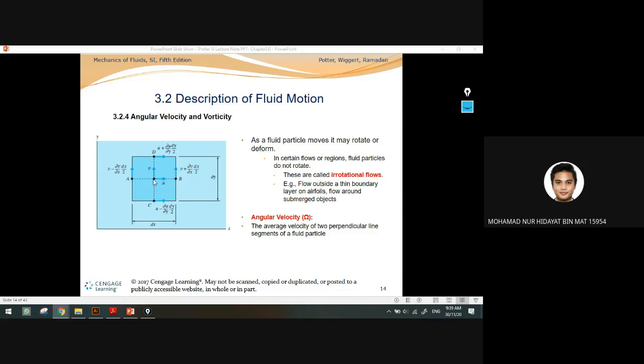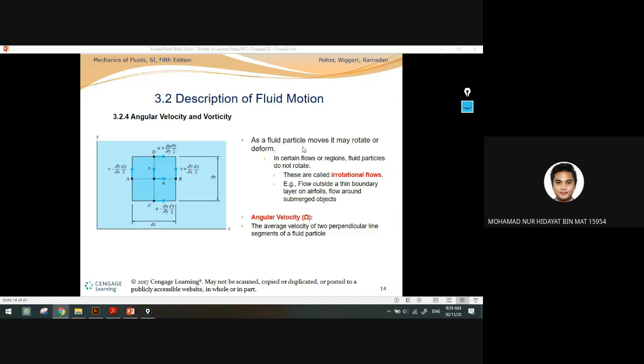Actually, we consider the velocity at the center. When going this way it is minus, negative. When going to the right it is positive. When going to the top we add, and going to the bottom we subtract. You can see dy over 2, because this is half of dy.